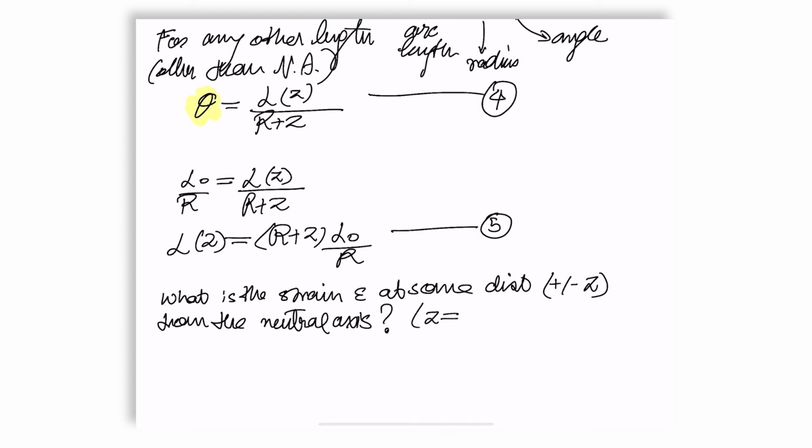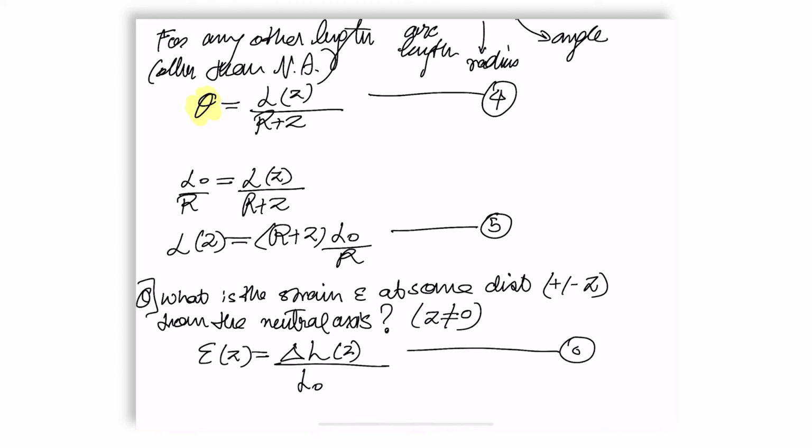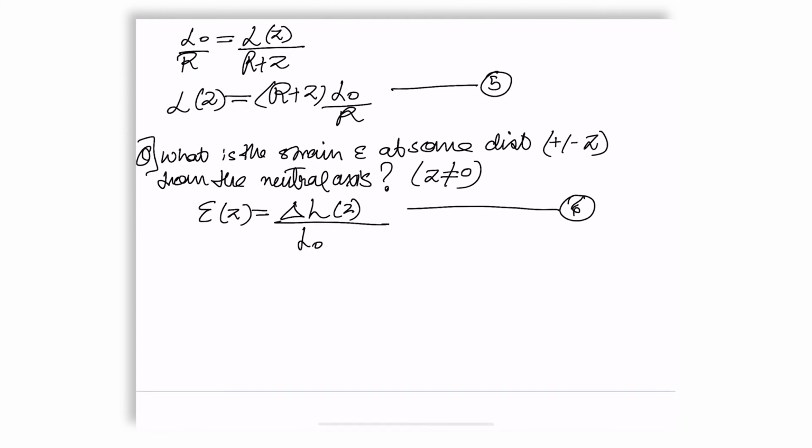Assuming z is not equal to 0, meaning other than at the neutral axis itself. So then epsilon z by definition must be delta L z, deformation at a position z, upon resting length. This is our equation 6.